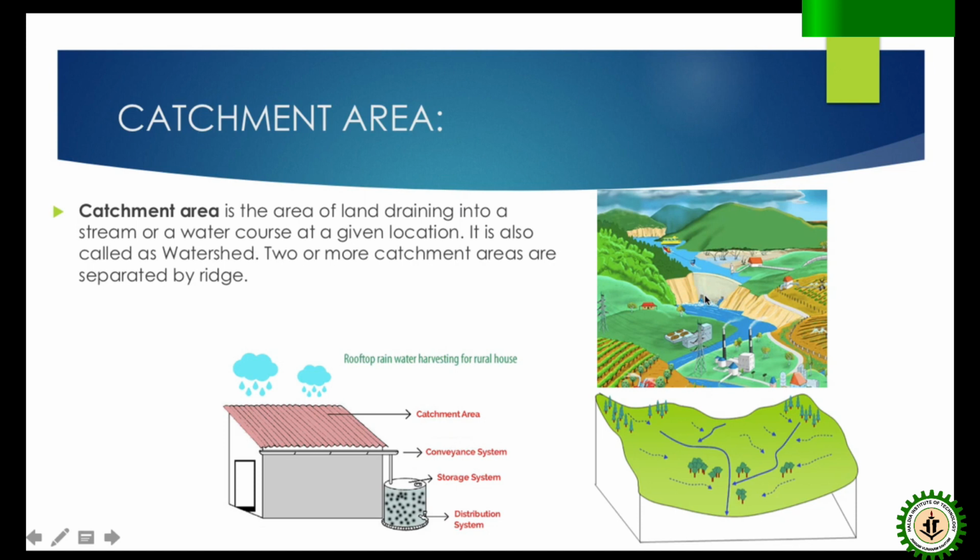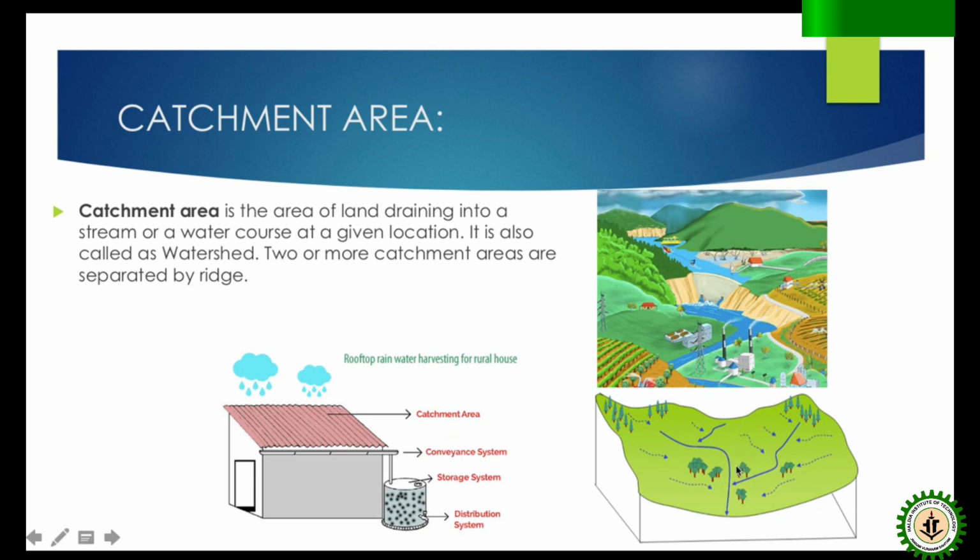Every area will have its own catchment area where, whenever precipitation occurs, water flows from all the mountains and hills into that particular catchment area. You can see this clearly in this figure. You can see the arrows, the tributaries which join from all the high-lying places and come and join one common stream. So this low-lying area is called a catchment area.